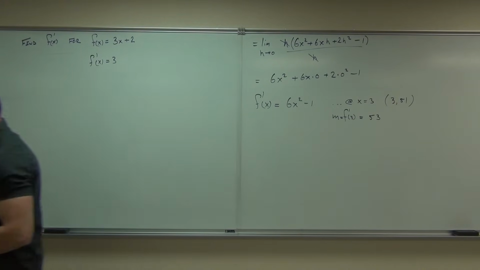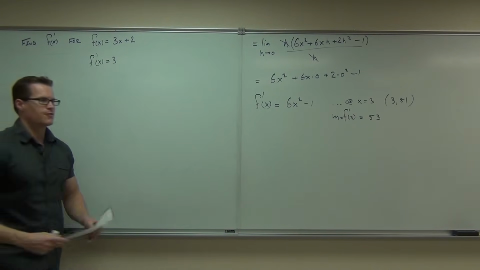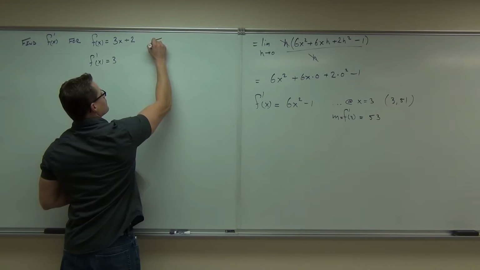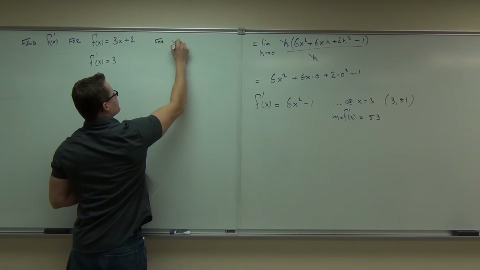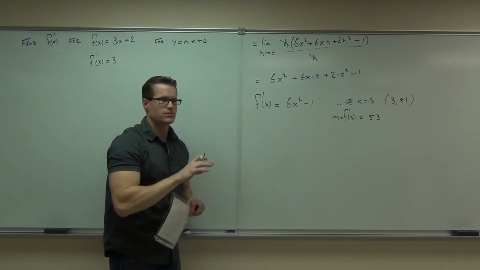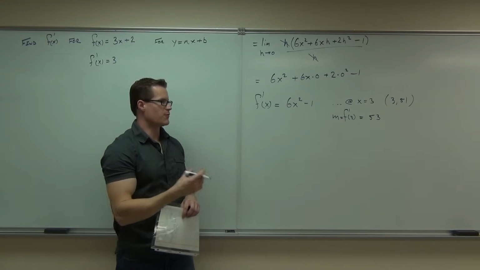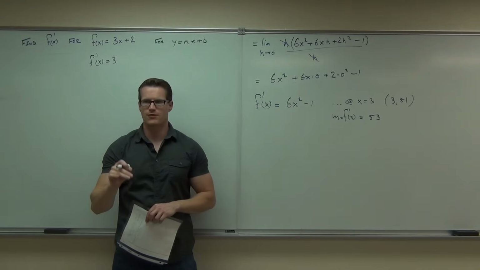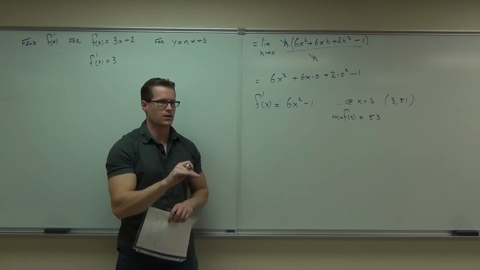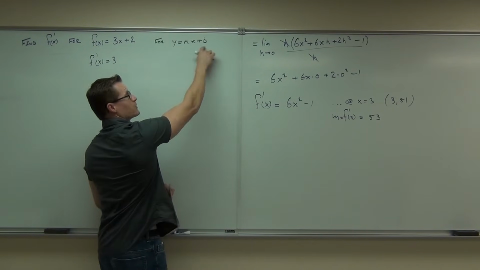What I'll write out for you here is, if you have any slope-intercept form of a line, don't waste your time doing that. You need to know what you're doing by finding a derivative. What are you doing by finding a derivative? You're finding the slope of a curve at a point, right? What's the slope of this curve?